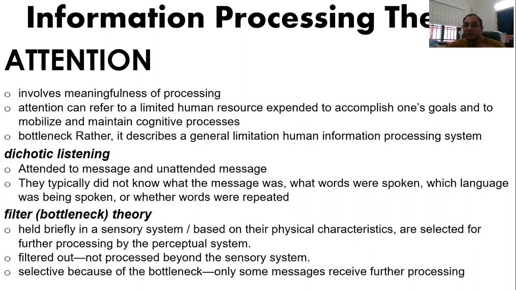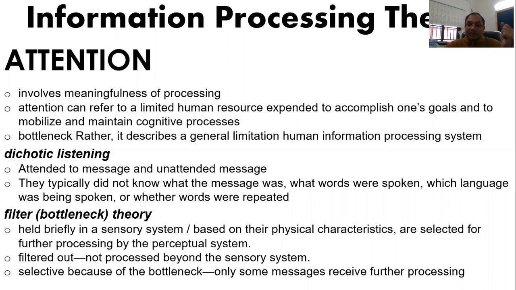So we actually have a filter in our brain, and through that filter we select the information that becomes part of our memory, right? The information which passes through the filter goes beyond the sensory system, which is the information that you received through your senses, and then you take it into short-term memory, and then of course by rehearsing, repeating, it will become part of your long-term memory. So the filter is there.